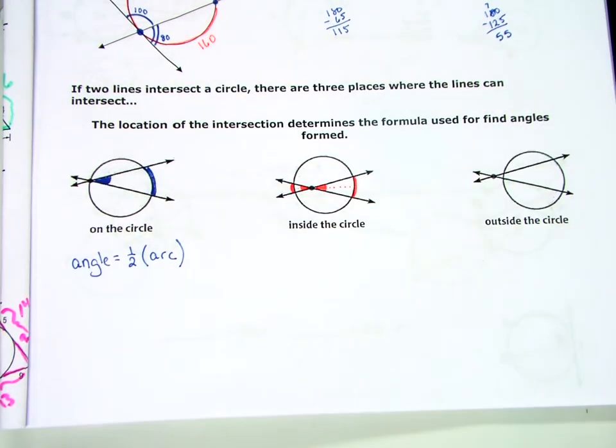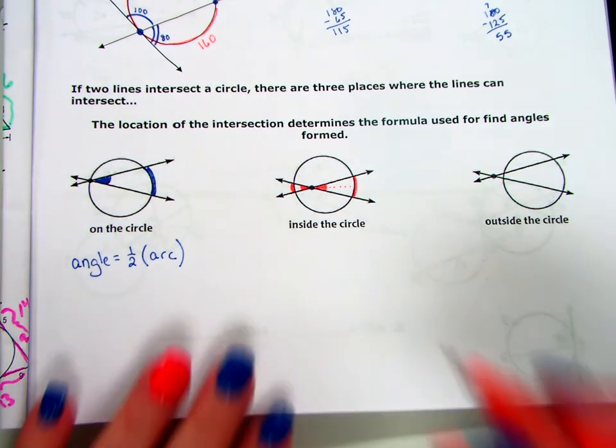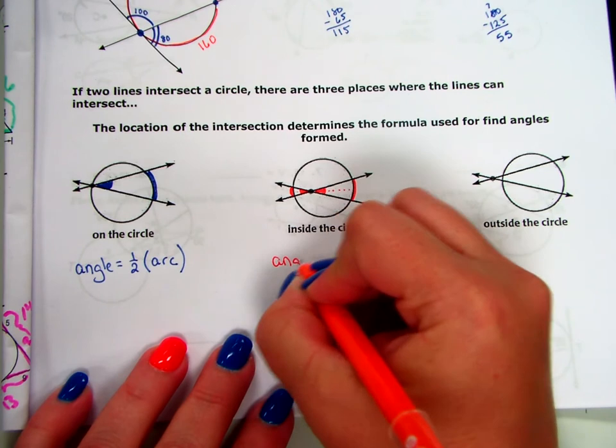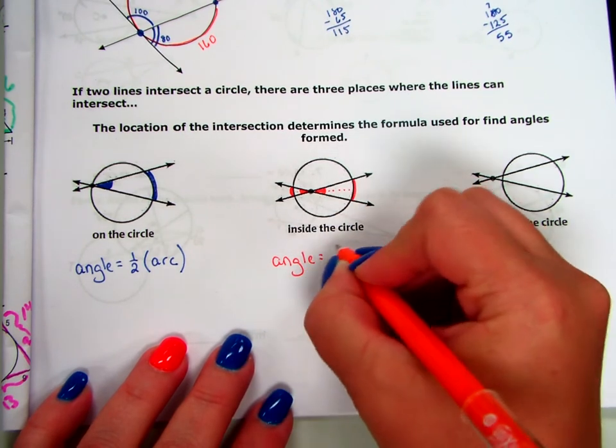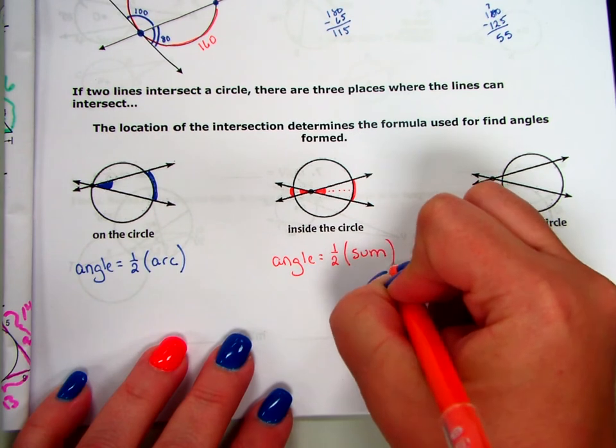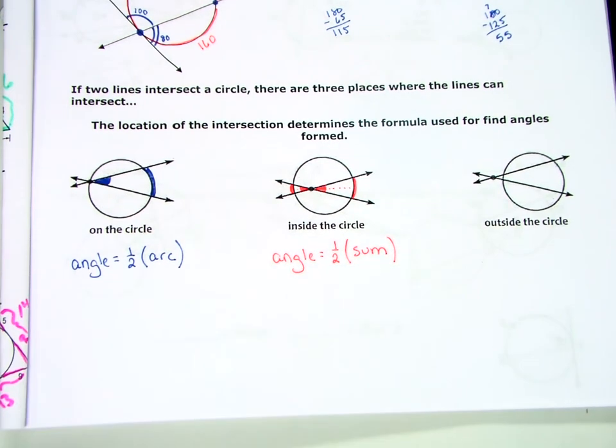So they can't be equal to the arcs. And since they're different, you can't just take 1/2 of the arcs because you get 2 different answers. Okay? So here's what we do if it's inside the circle. That angle that we want to find is going to be 1/2 the sum of the 2 intercepted arcs.